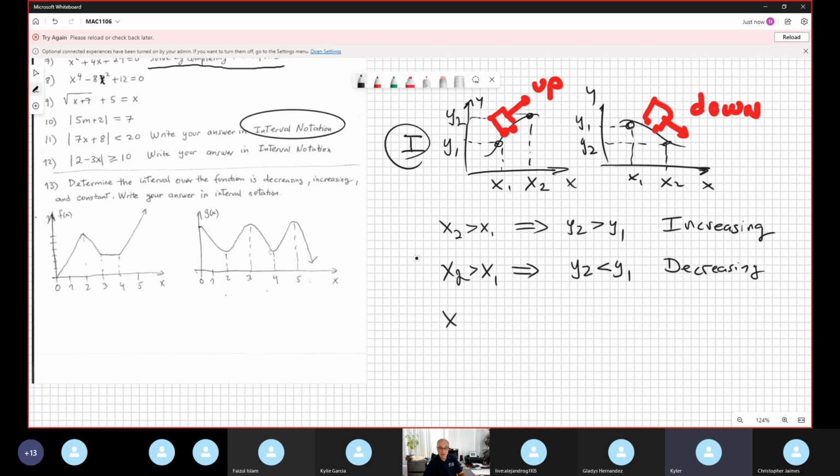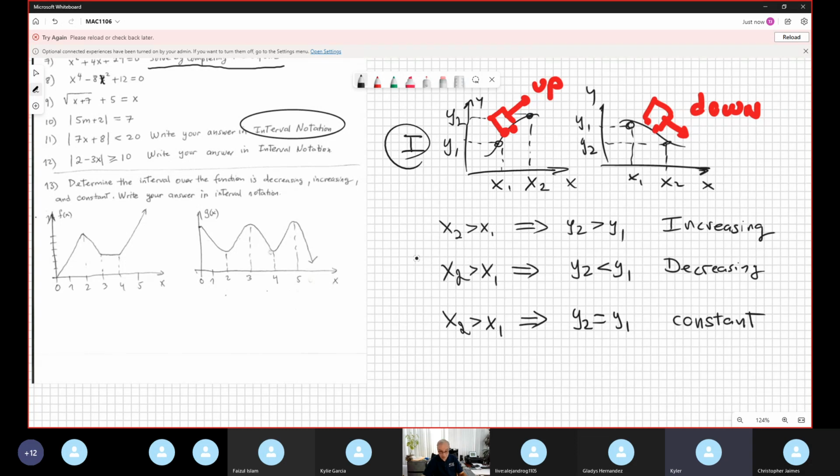You pick 2 different values of x and you obtain the same value, it's constant, because it's neither increasing nor decreasing. So it's constant, it stays the same. Sometimes that happens, sometimes not.